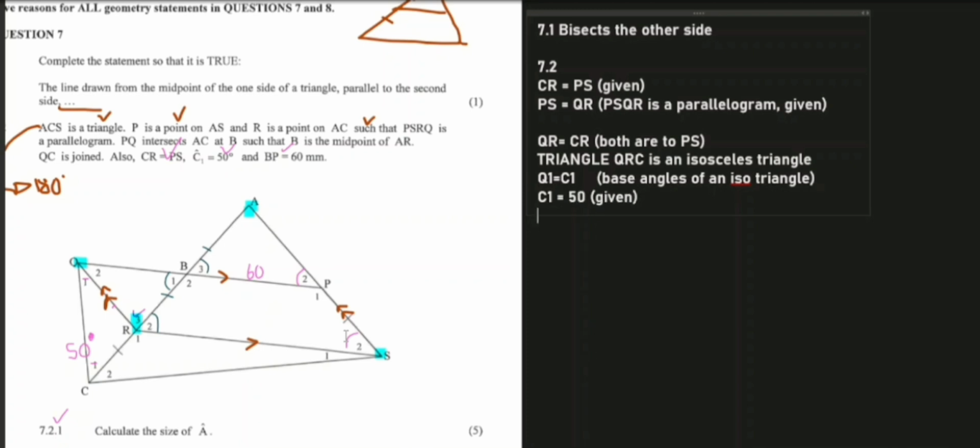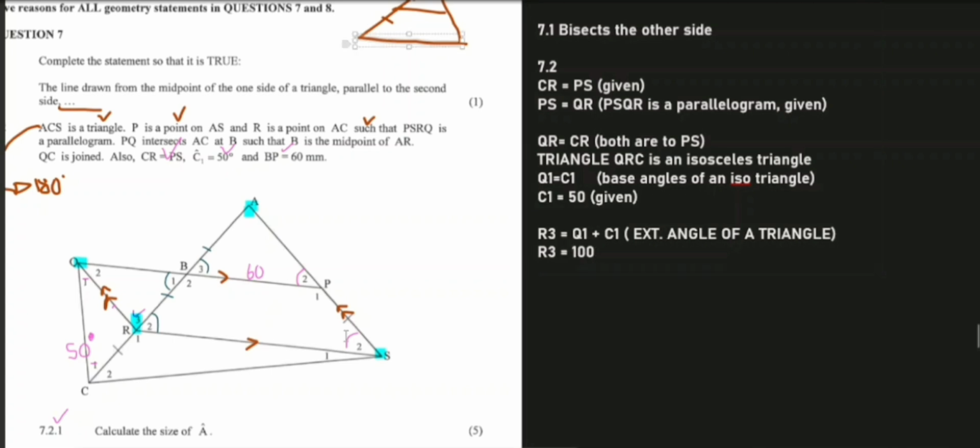Now, we are going to say that R3 is equal to Q1 plus C1. Why? It's the exterior angle of a triangle. So this means that R3 is equal to 100 because essentially it's 50 plus 50. Please write it in full. It's 100 degrees. The only reason why I'm not showing the degree symbols here is because I'm limited by the number of symbols I have in this particular program, but please write the degree sign.